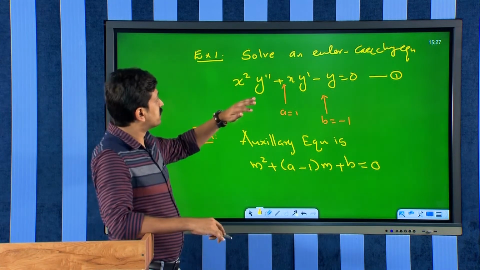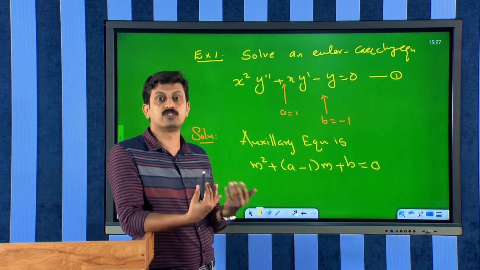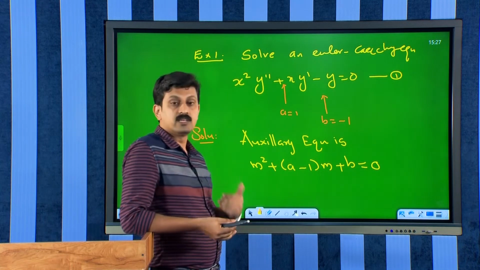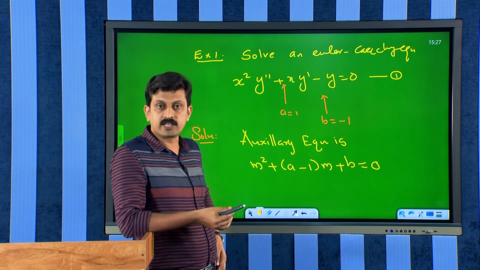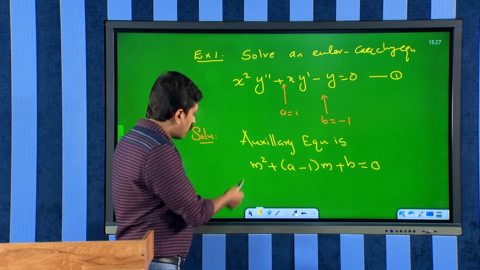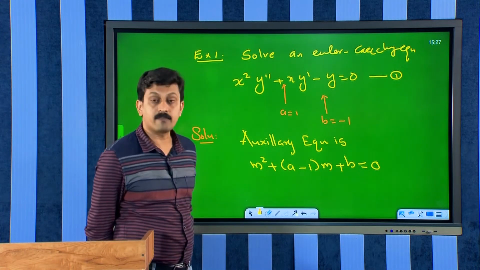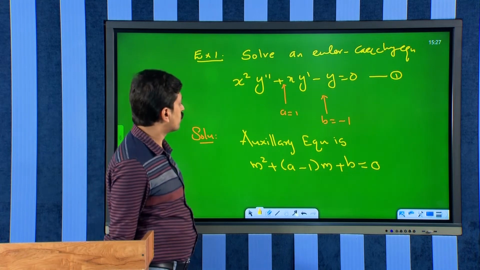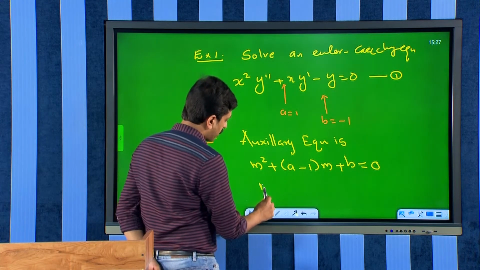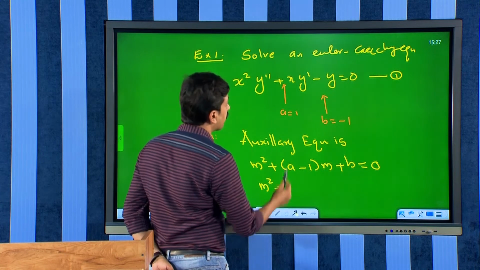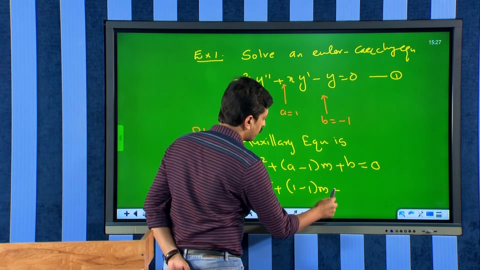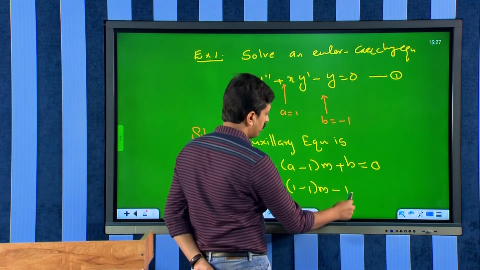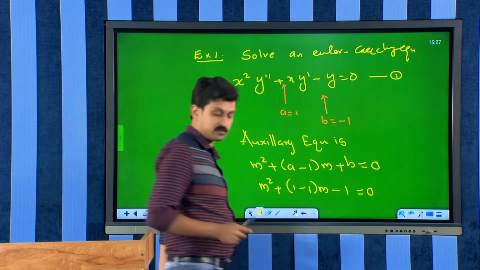After ensuring whether the differential equation is Euler Cauchy or not, if it is an Euler equation, we can write the auxiliary equation like this. So, dear students, m square plus a minus 1, where a is actually 1, minus 1 into m plus the value of b, which is equal to minus 1, equal to 0.